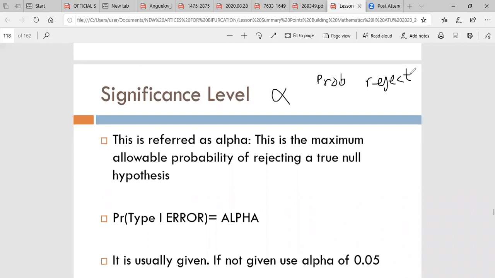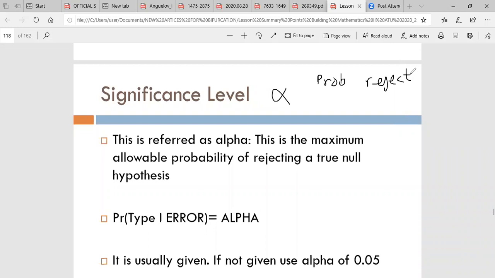So in its fullest definition, we say it is the maximum allowable probability of rejecting a true null hypothesis.